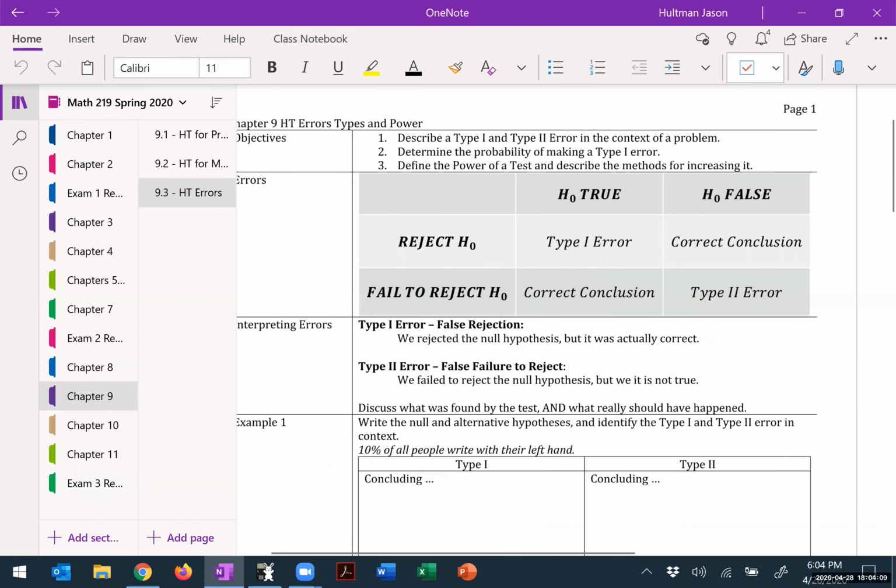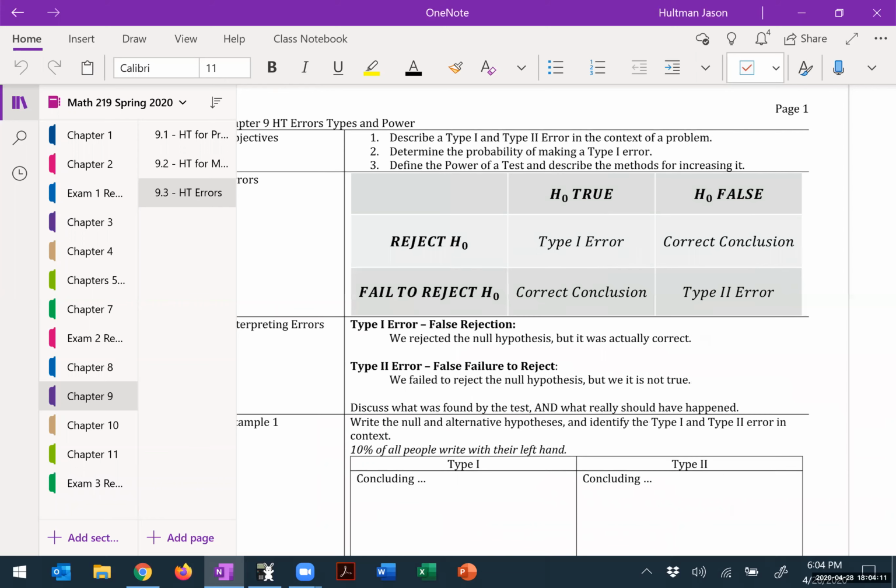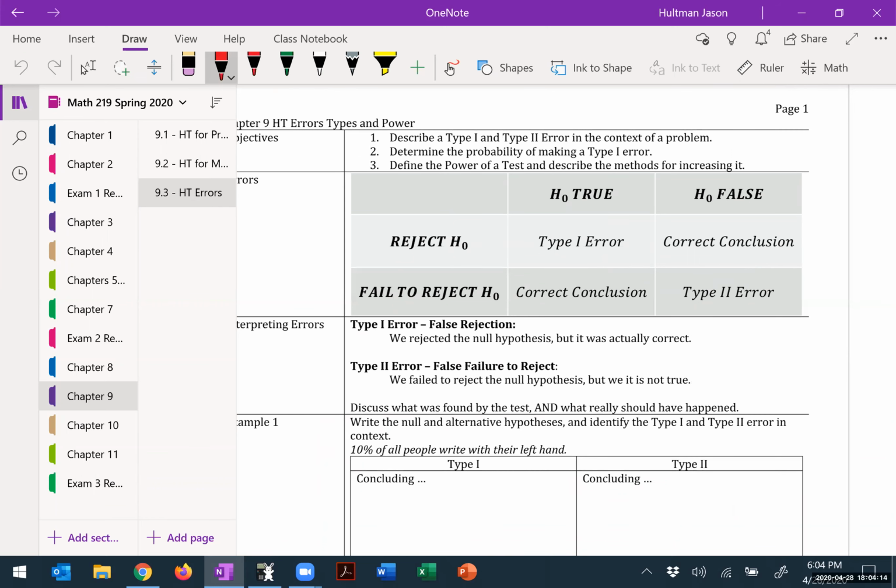Well, there are two types of errors, type 1 error and type 2 error. Type 1 is when you reject the null, but it's actually true. The way I think about a type 1 error is that I've created these areas of rejection, but the area of rejection was too conservative.